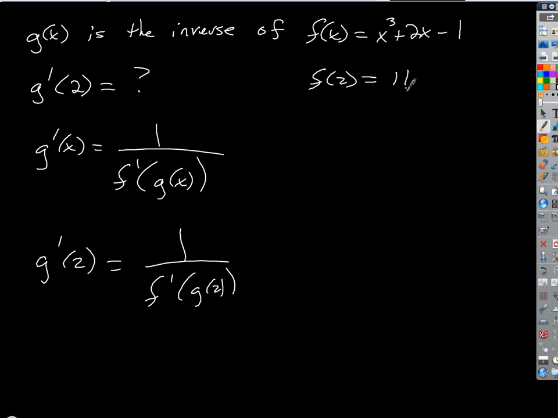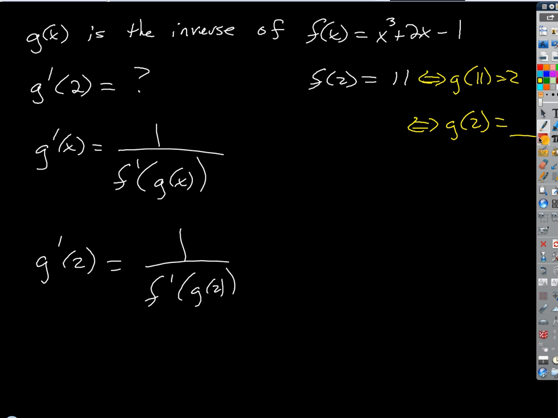This implies that g of 11 equals 2, but that's not the answer we need, is it? We need g of 2. We need a statement that's equivalent to g of 2 equals something.